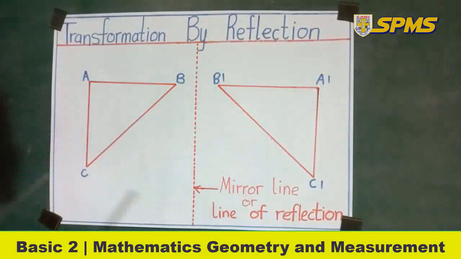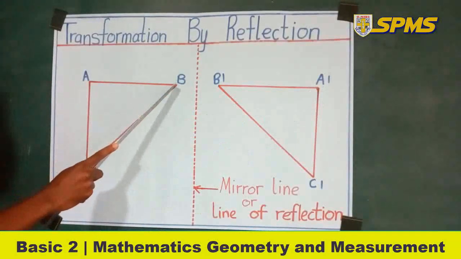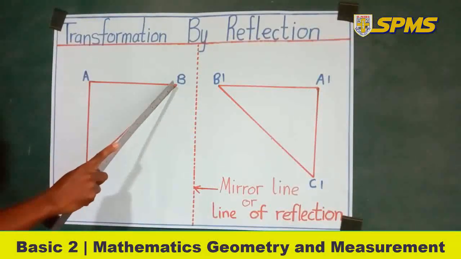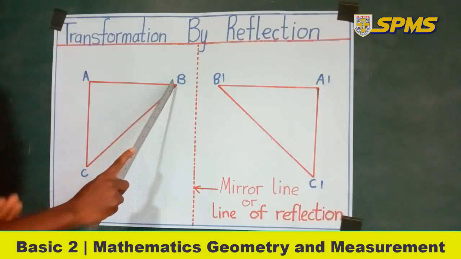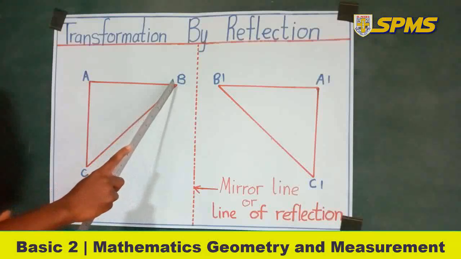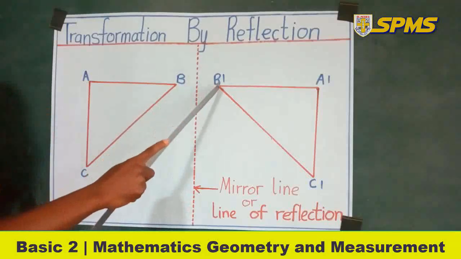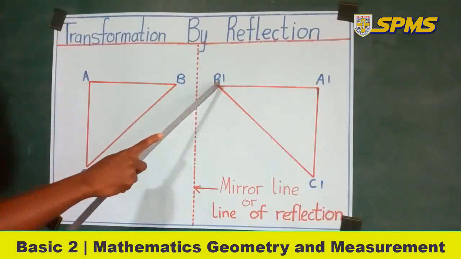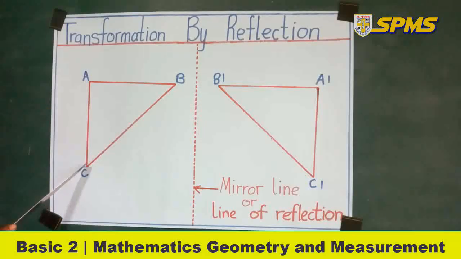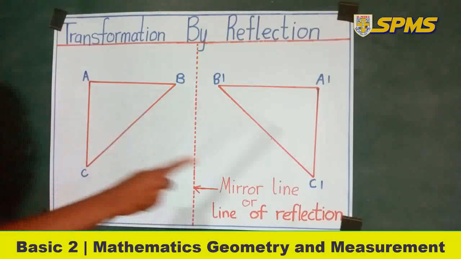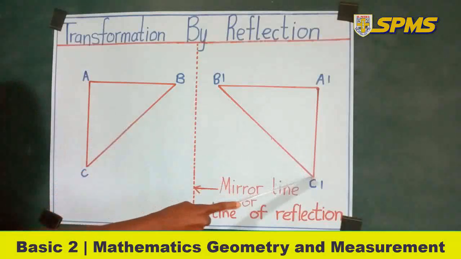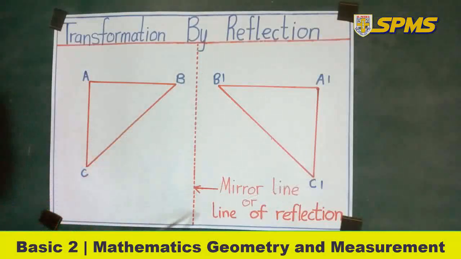These are the features I'm talking about. Look at the B from the original point, which was on the right-hand side. After it has been reflected, it turned into the left-hand side. The C, which was on the left-hand side, also moved to the right. But what is this line called?